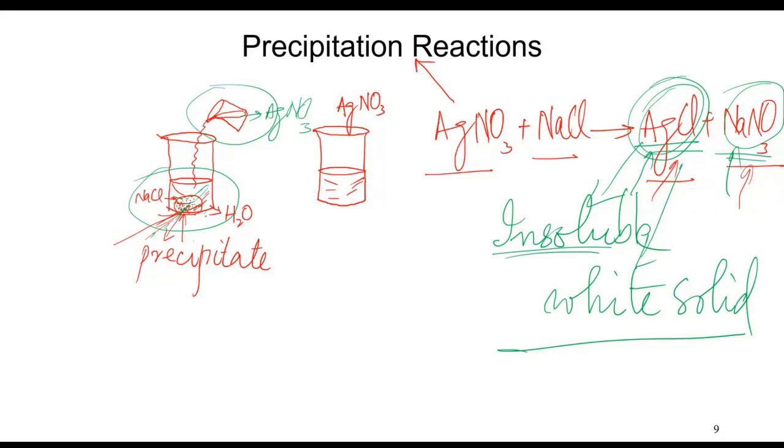If it is insoluble, it means it will remain as solid. So when it forms AgCl, it becomes white solid and it remains in the bottom. Now this solid is known as precipitate. This AgCl is precipitated out.